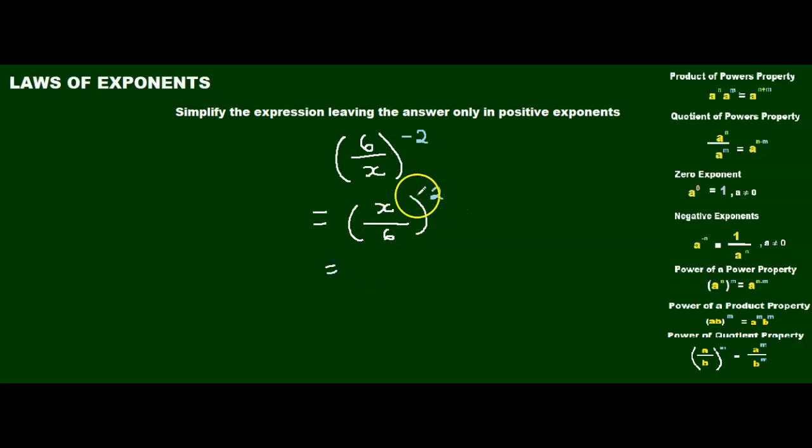And then I can distribute my exponent to each of my terms on the inside of the parentheses. So I'm left with x squared over 6 squared, which gives me x squared over 36, because 6 times 6 is 36.